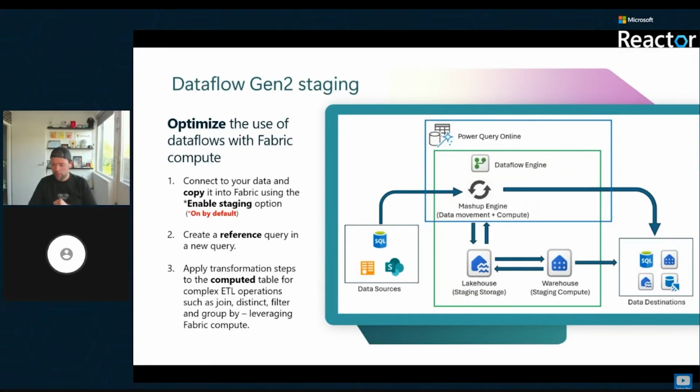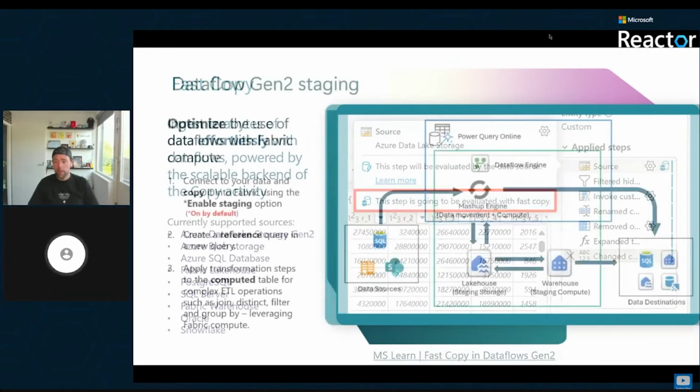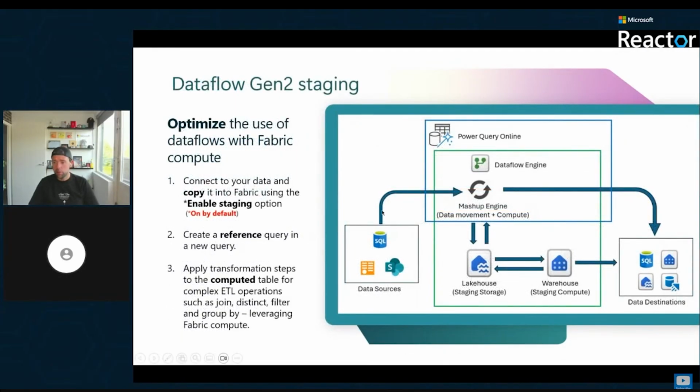And if we have one more slide here, there is another step that's very important in this one, which is fast copy. If we go back here, we see that data is being moved from here to the engine, and then we have the staging storage. But there is a quick way for us to actually get this data from the source to the lakehouse by using fast copy. What fast copy allows us to do is spin up a data pipeline in the backend.